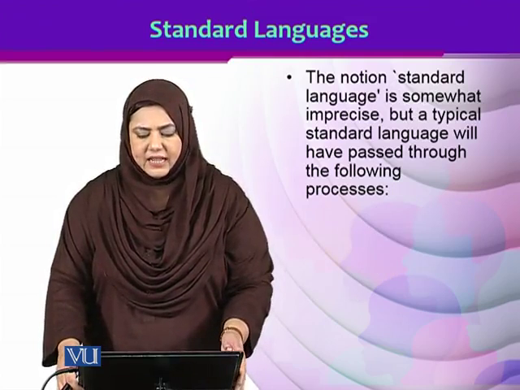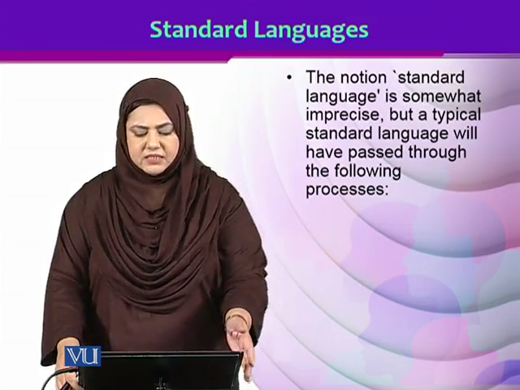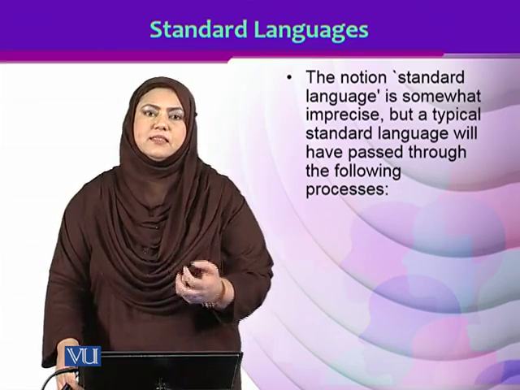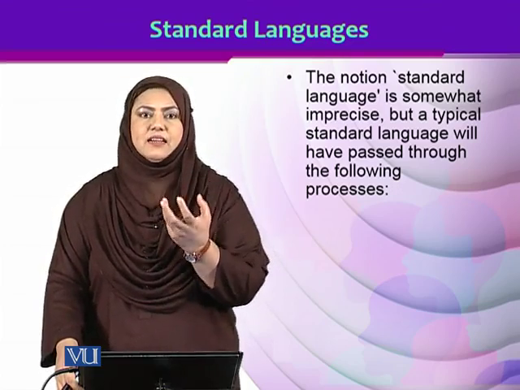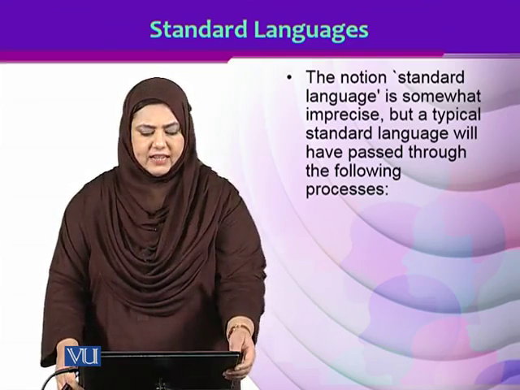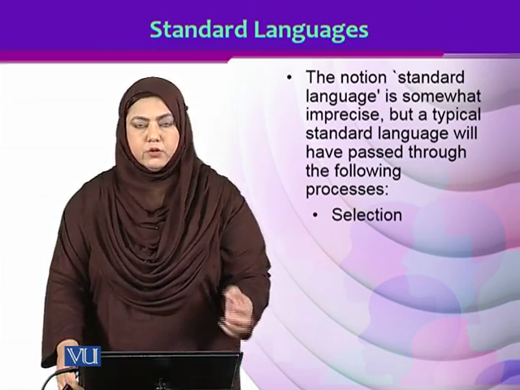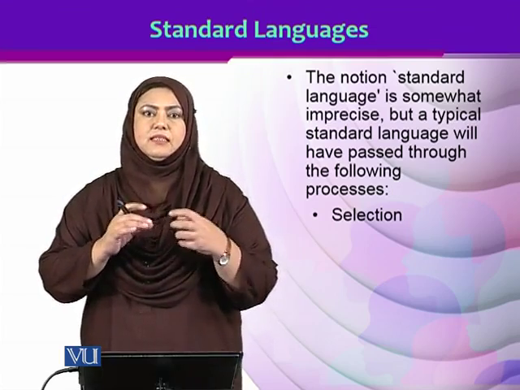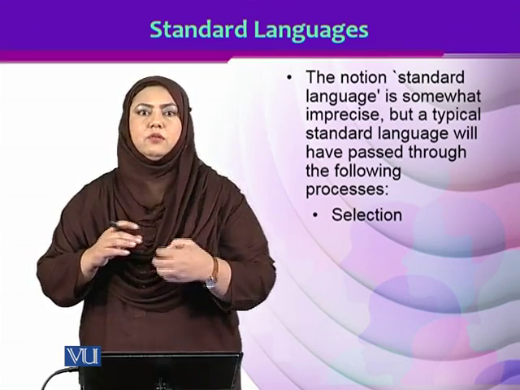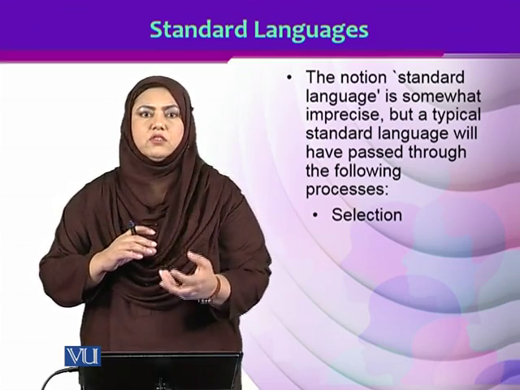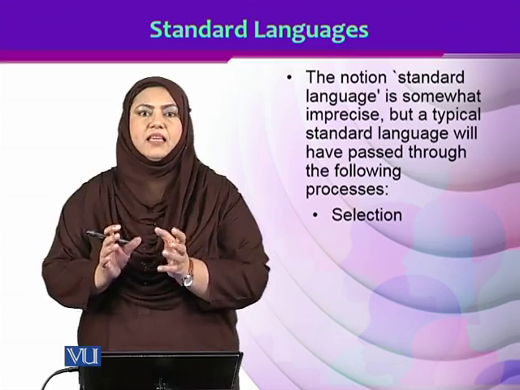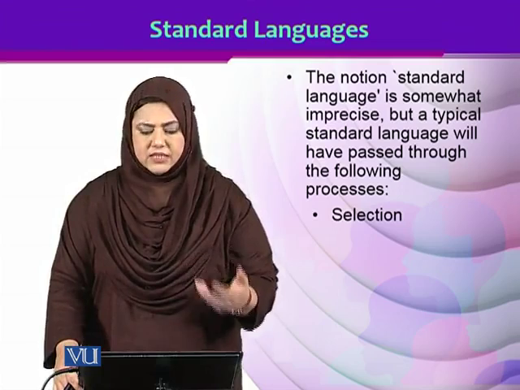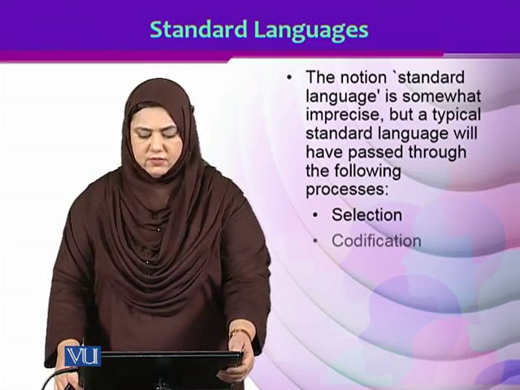The notion of standard language is somewhat imprecise, but a typical standard language will have passed through different processes to gain the status or position of a standard language. It would go through the process of selection. Remember I have already said that a society plays a direct, conscious role in the making or standardizing of a language. So the first step that a society would take is selection.